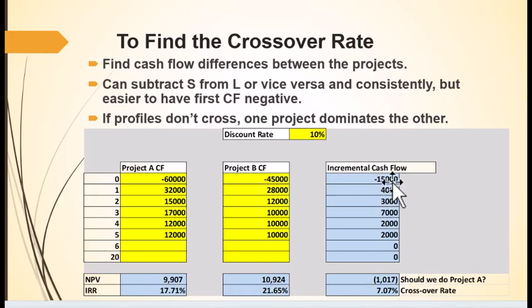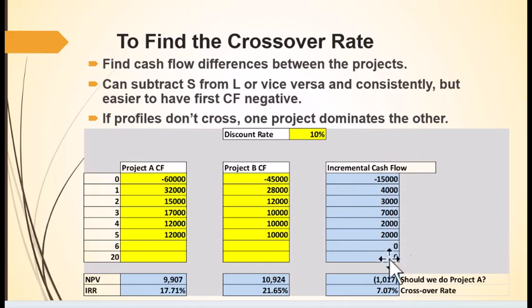If you calculate what we refer to as the incremental cash flow, you take project A's cash flow minus project B. Negative 60,000 minus a negative 45 is 15,000.